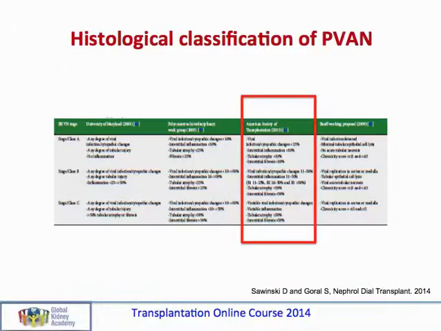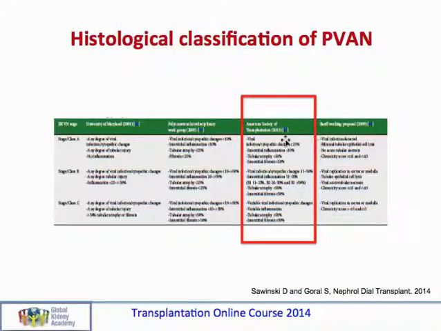So how do we histologically classify polyoma virus-associated nephropathy? Well, apologies for this slide, but you'll be able to see in this excellent review in NDT the different histological classifications.